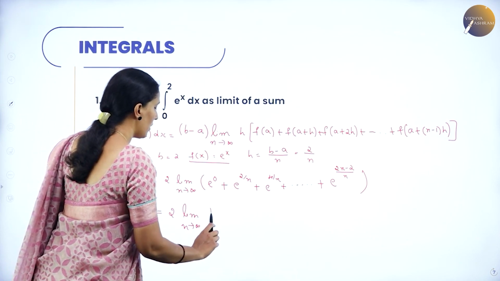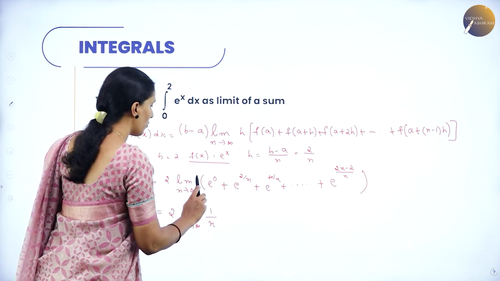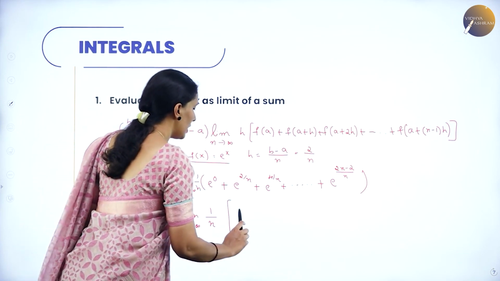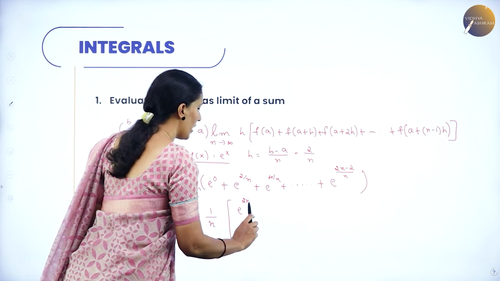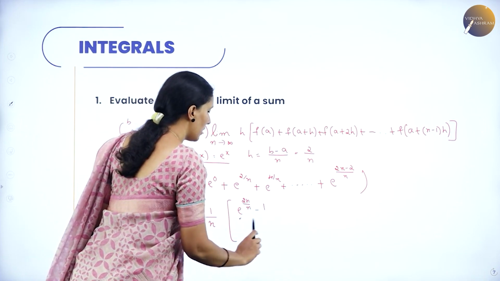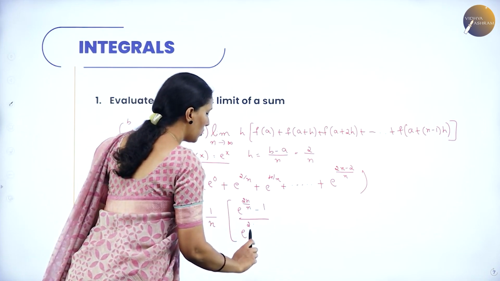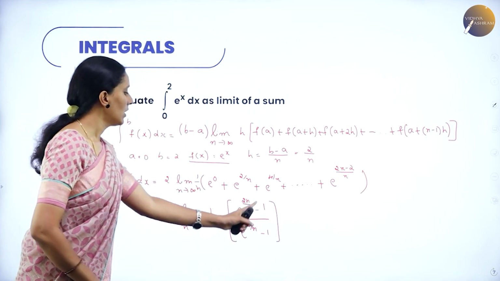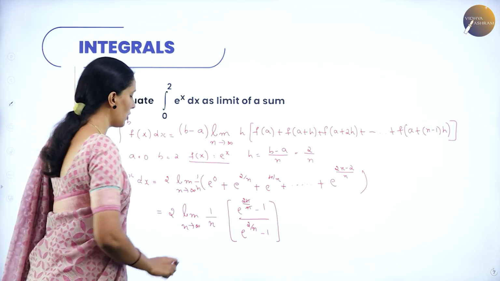So here we have 1 divided by n. So in the place of h we need to write 1 by n. So this can be written as e to the power 2n minus n minus 1 divided by e power 2 by n minus 1. Now next here, n gets cancelled in the numerator.